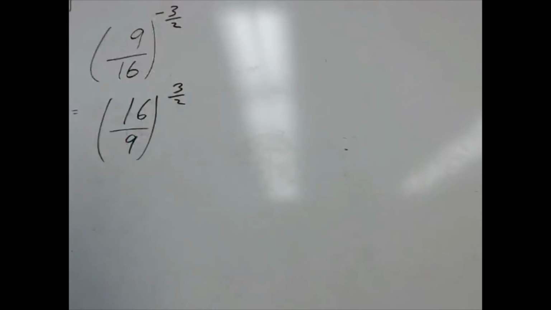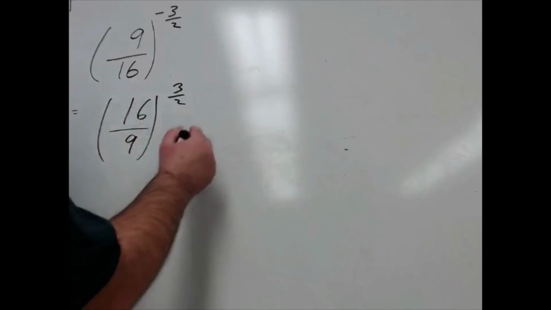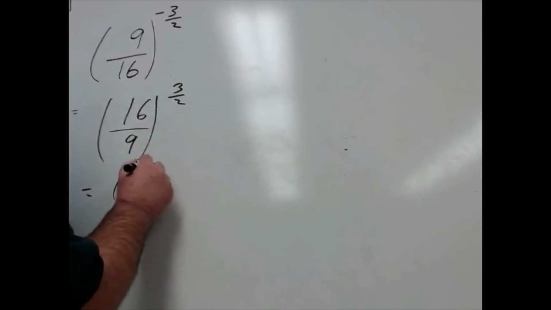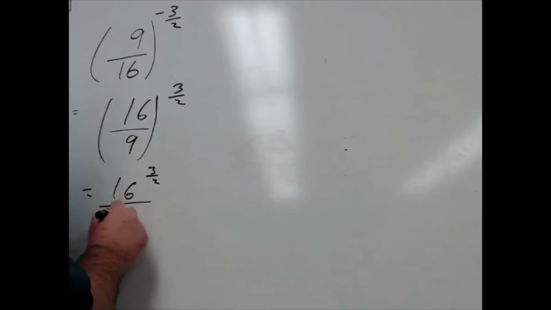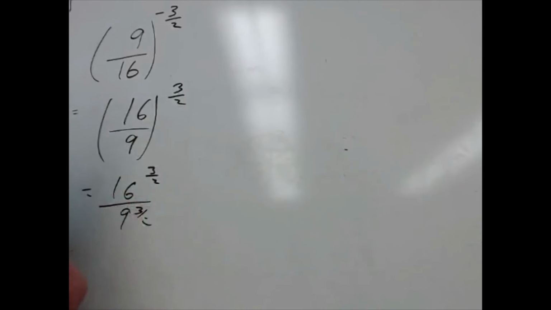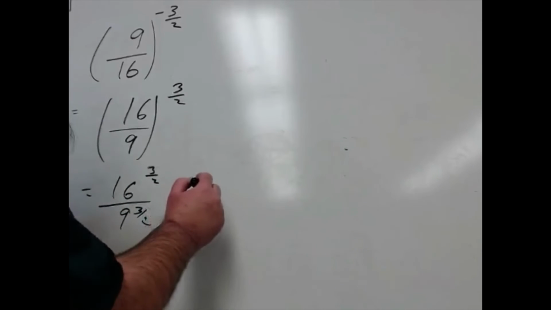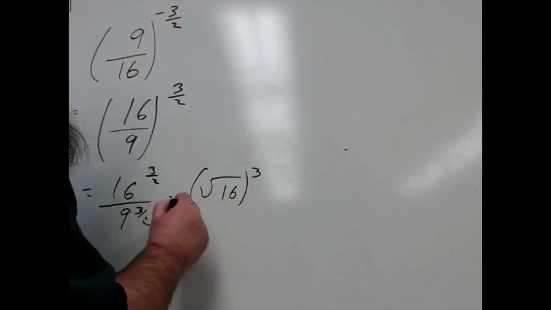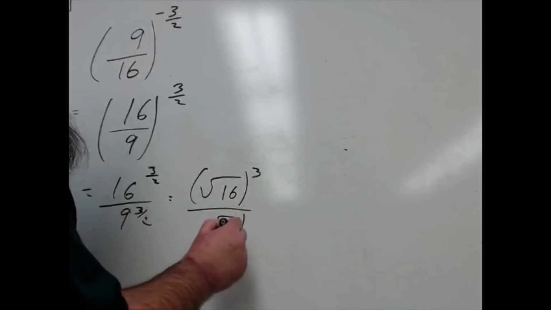So now all I have to do is evaluate this expression right here. And to do that, I would just say that is 16 to the 3 over 2 over 9 to the 3 over 2. And then I would evaluate 16 to the 3 over 2, which again is just the square root of 16 cubed over the square root of 9 cubed.